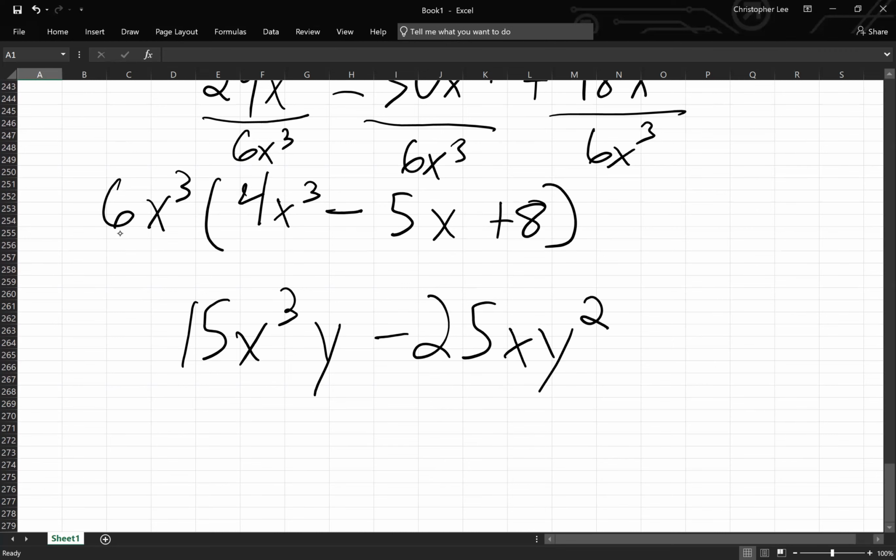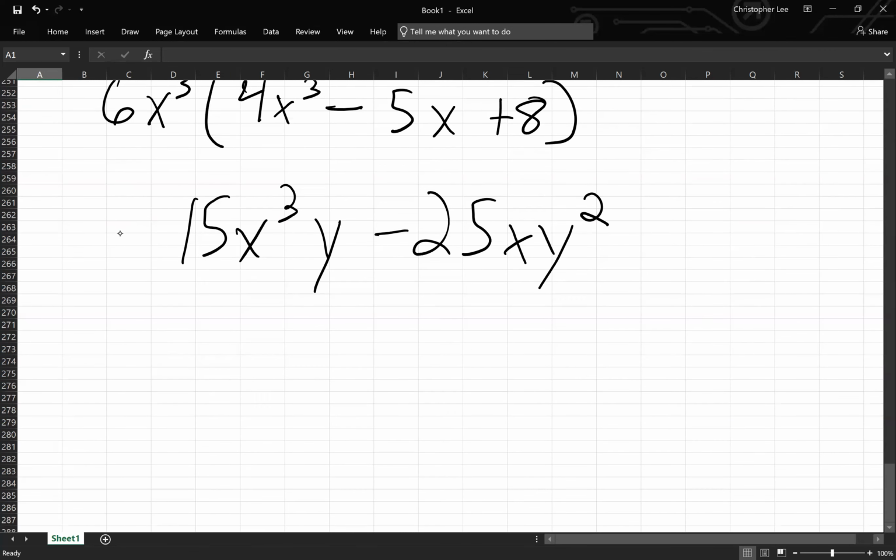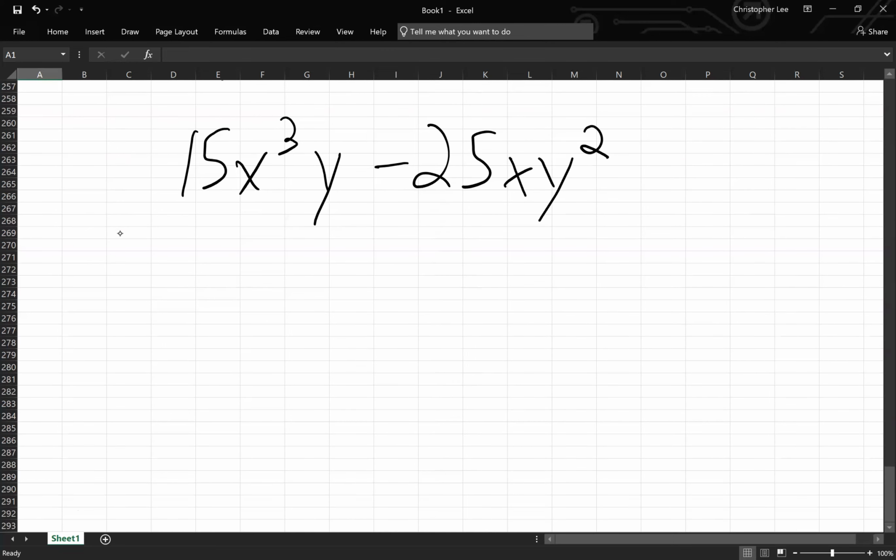That's correct? Okay. So greatest common factor here is what? 5x. Okay, 5x what? Good. And then remember, it's like we're dividing by 5xy.